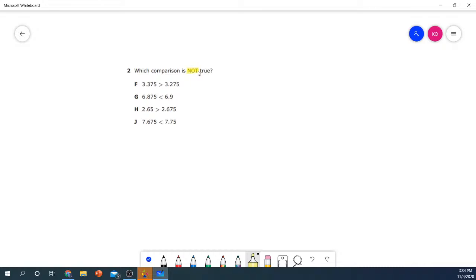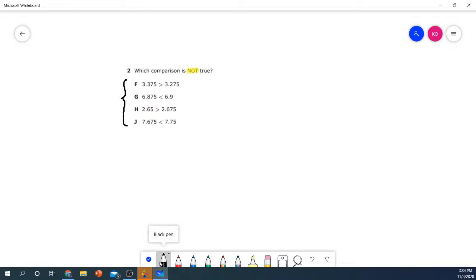Usually STAR does a pretty good job of highlighting which keywords you have to look at, but just in case they don't, get into the habit of highlighting. After that, you have to ask yourself what the question is saying. It's saying that out of these 4 answer choices, which one is not correct?